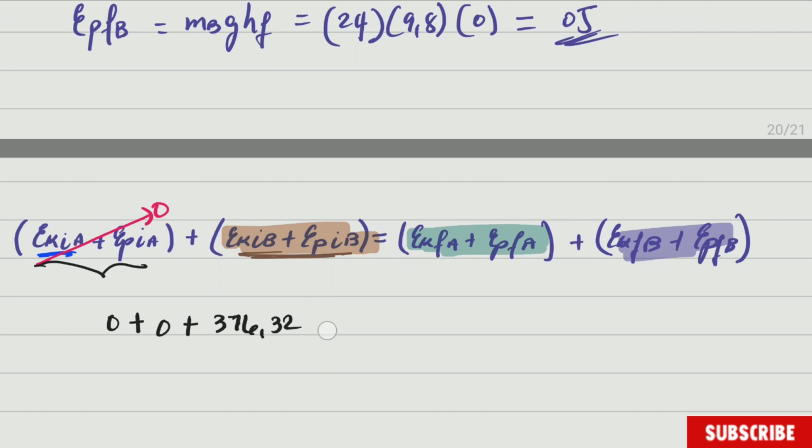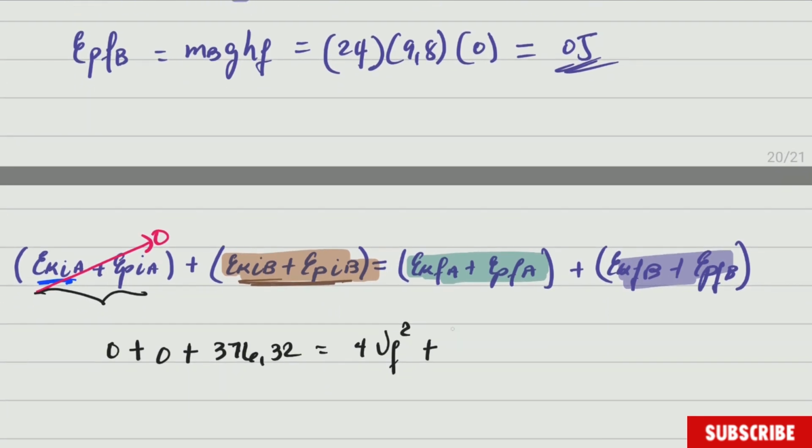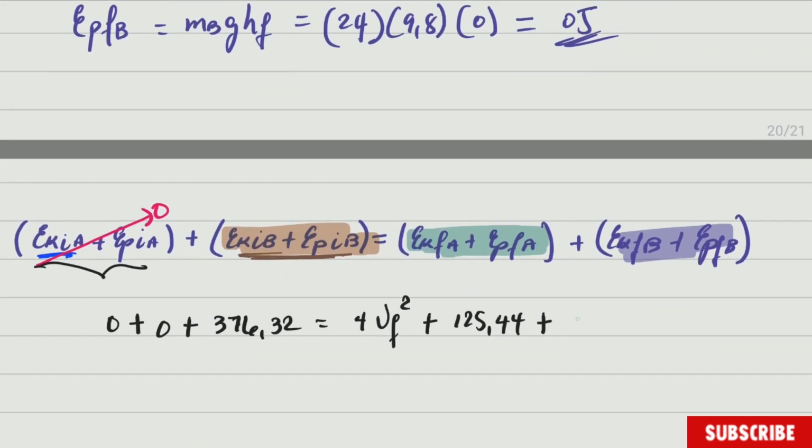It's going to be equal to 4Vf squared plus potential energy final A, which is 125,44, plus kinetic energy final B, which is 12Vf squared, plus 0, which is the final potential energy of B.